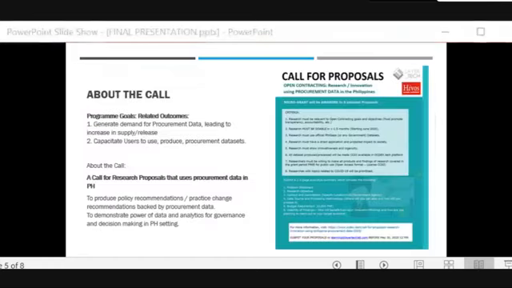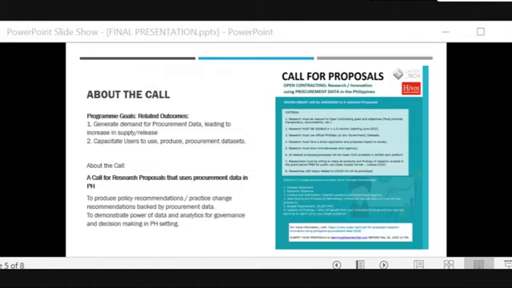Now, this March 2020, we announced an open call for proposals on procurement analytics. So basically, the challenge is like this. You have to use data mining and analytics techniques on existing government data to come up with different insights or practice and policy recommendations para sa government natin ngayon, and we gave a special emphasis dun sa COVID-19.